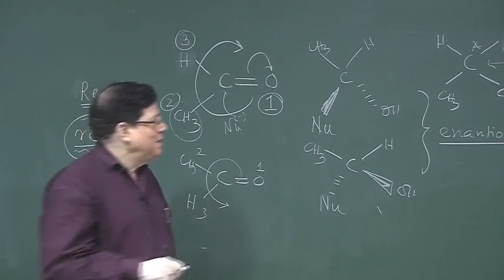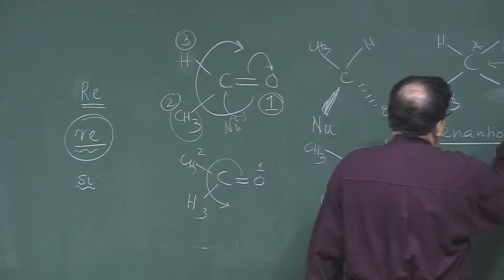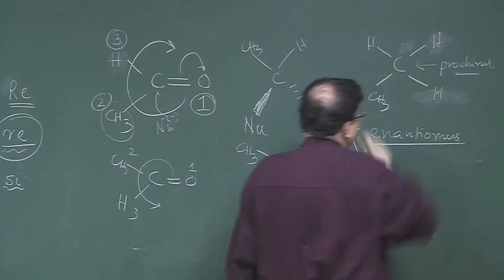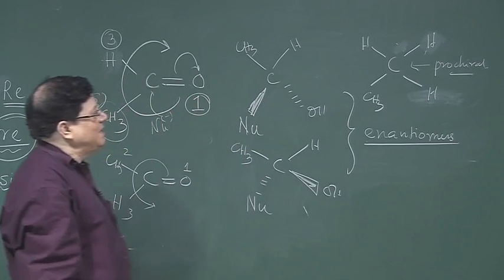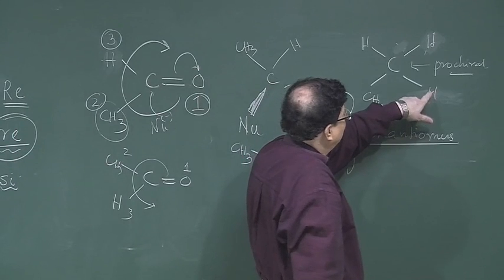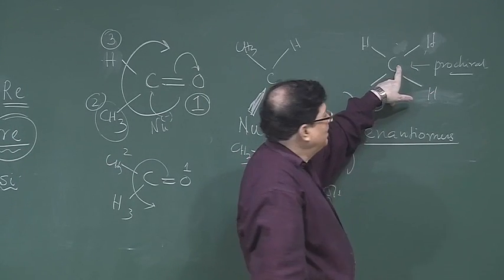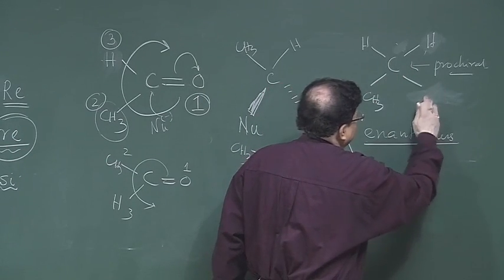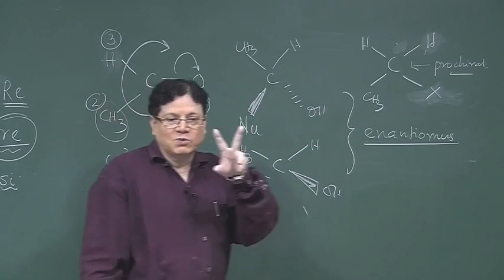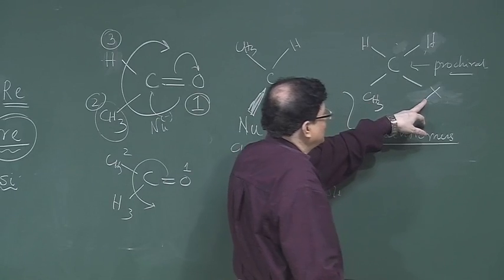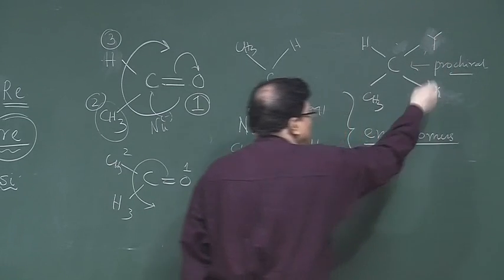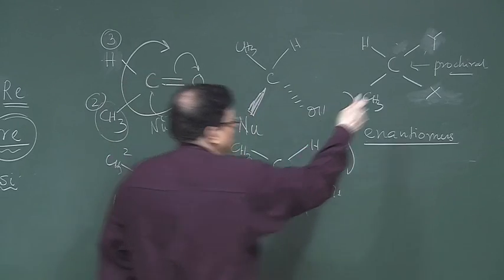So by one transformation, if you can convert a center into a chiral center, then the center is called a prochiral center. Then what will be the center where two transformations are needed to make it chiral? Like if you have this compound CH3CH3, and I ask you what this carbon is, by one transformation you cannot get a chiral center, you have to make two transformations. This hydrogen has to be replaced by X and this hydrogen has to be replaced by Y, then only you can get a chiral center.